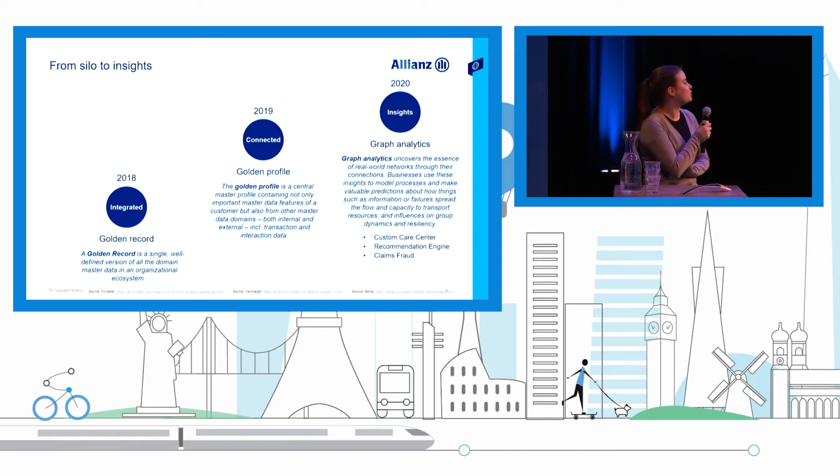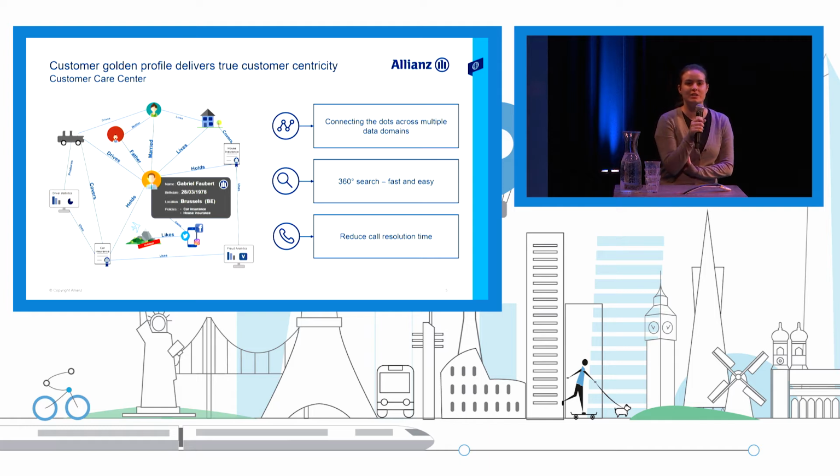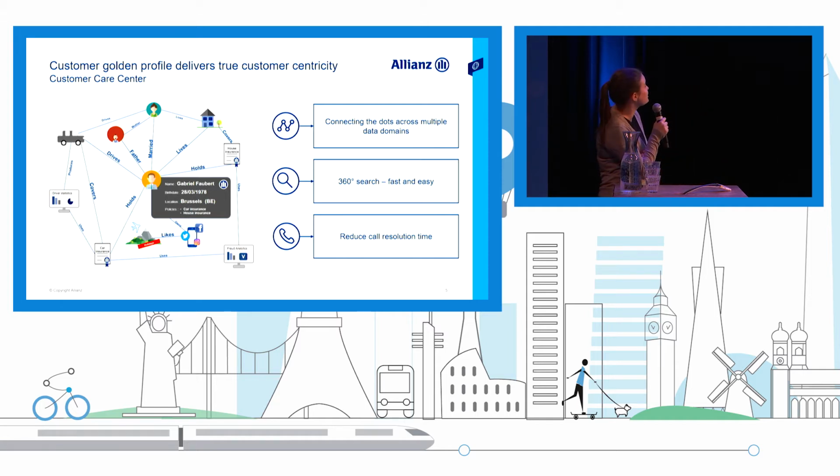So let's start with the first one, the customer care center. The data of the customer is loaded in a graph and then visually presented to the customer care center agent. It's literally putting the customer in the center, and it gives the agent a 360 view of the customer.